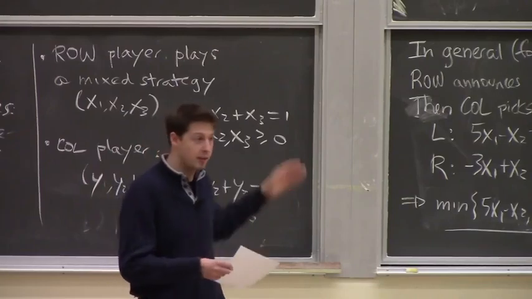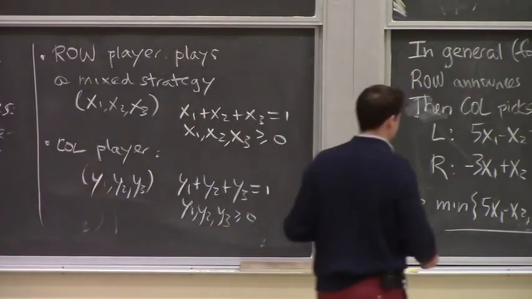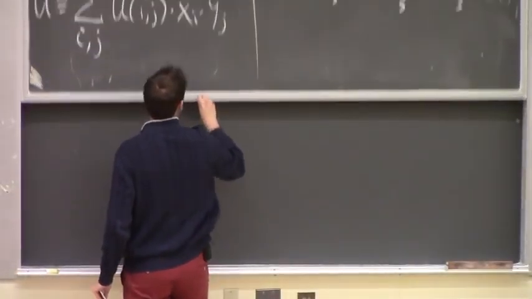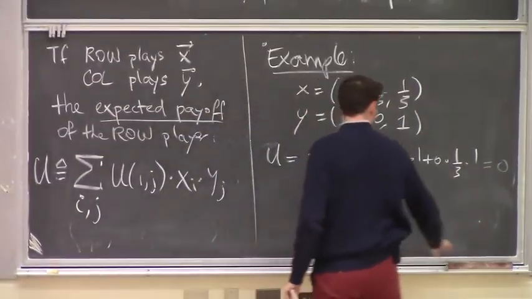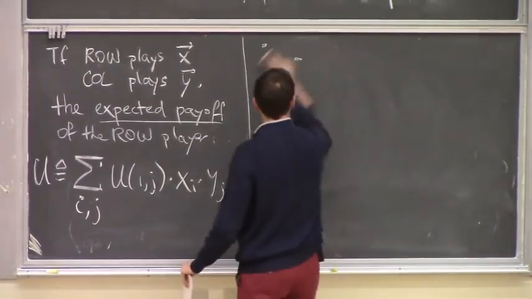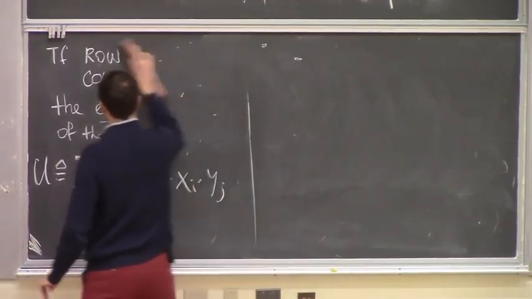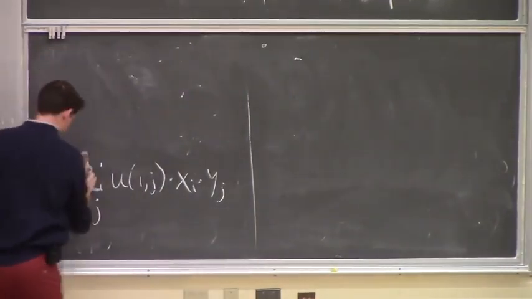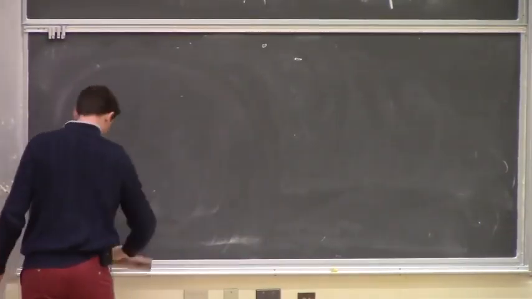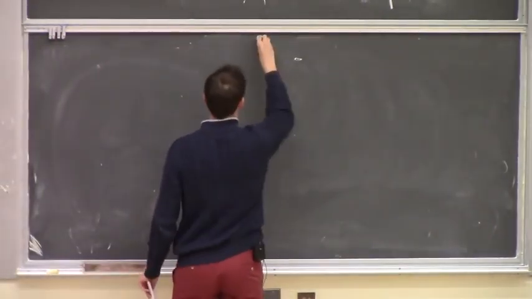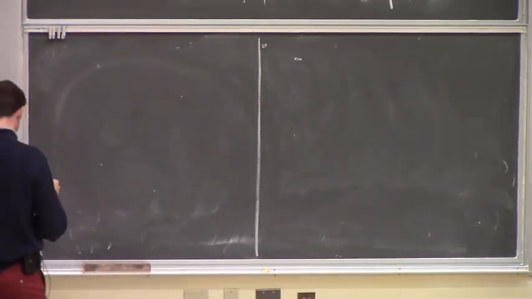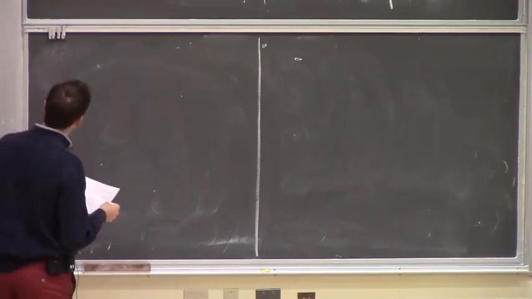Now I'm going to write a linear program for each one of these things. I'll do it underneath them. All right, let's look at the left-hand side.